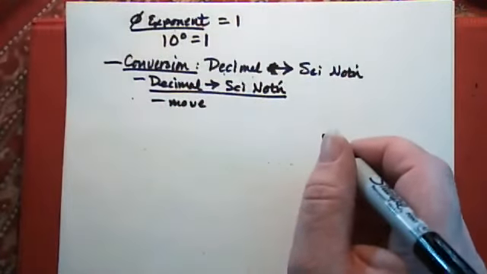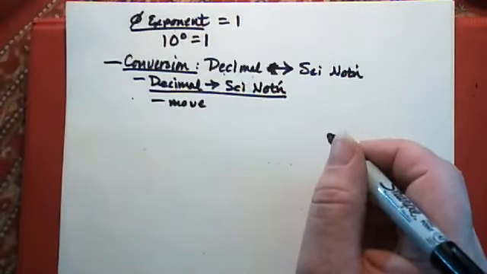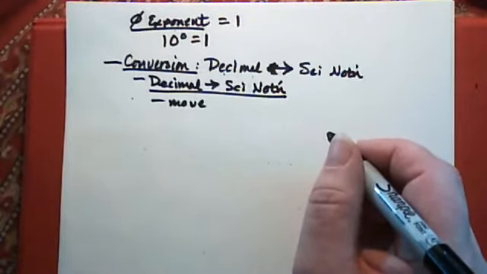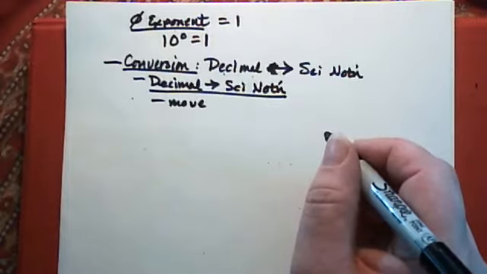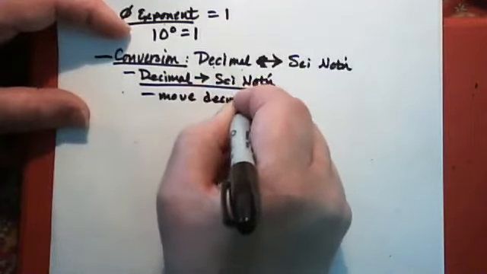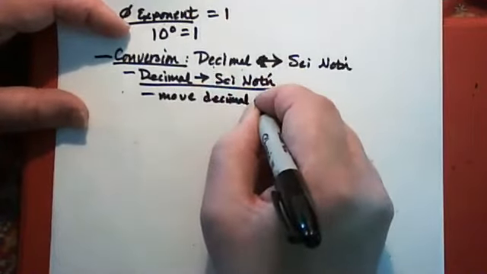If you've got a decimal form of a number, what you need to do is get that number so that it's between 1 and 10, so that it can become the decimal part of the scientific notation representation of the number. So we have to move the decimal point in the number given.